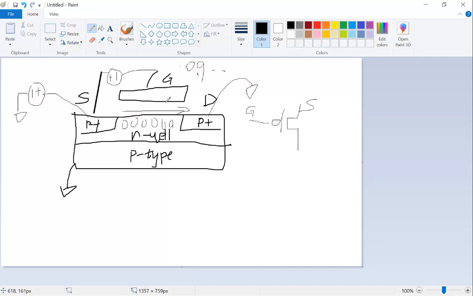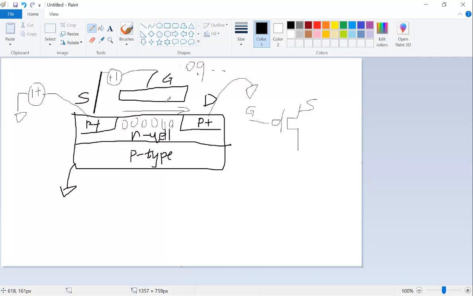However, there won't be any current flow in the channel because you don't have the pressure. Okay, so you need to apply pressure to S. Now you form a current. These are both grounded. These are shorted together physically. Okay? So the current is going to flow that way to ground and back to the source.